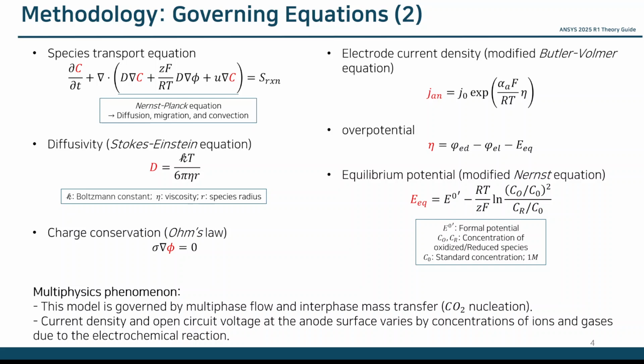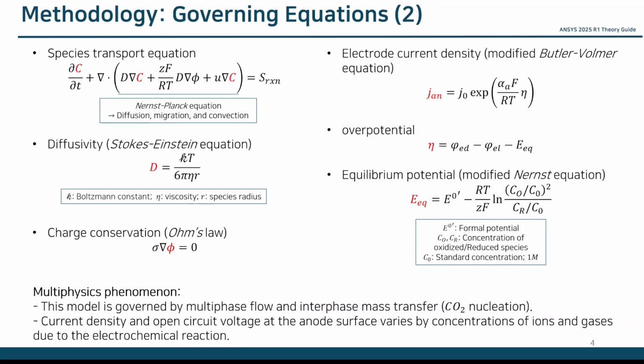You can see on the right side of this slide, and this requires several empirical parameters, such as reference exchange current density, which is described as J naught, and reference equilibrium potential, which is described as E subscript EQ.